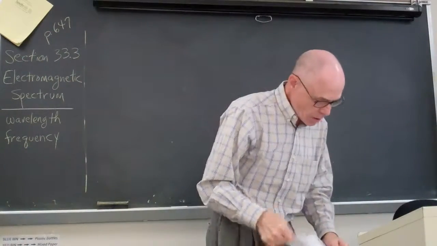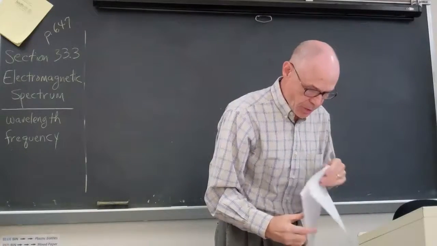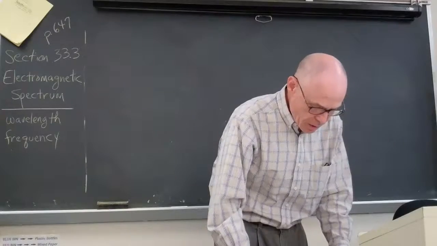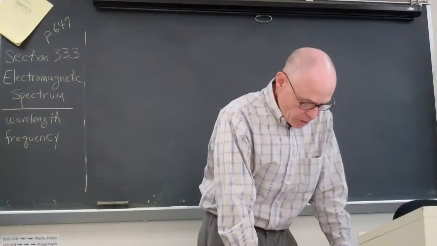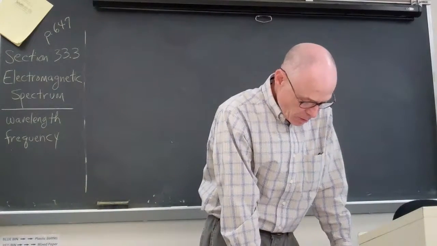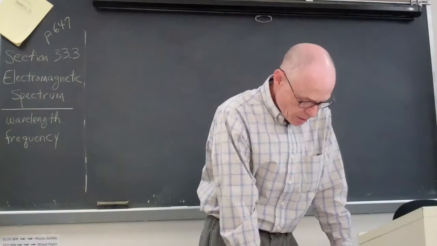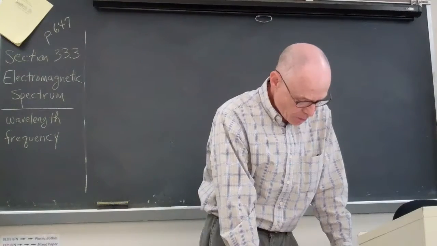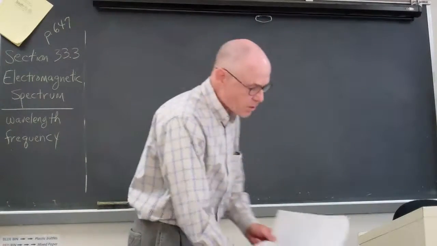All right, the next one was problem 33.3, top of page 659. A microwave radiator used in measuring automobile speeds emits a frequency of 1.2 times 10 to the 9th hertz. What is the wavelength?